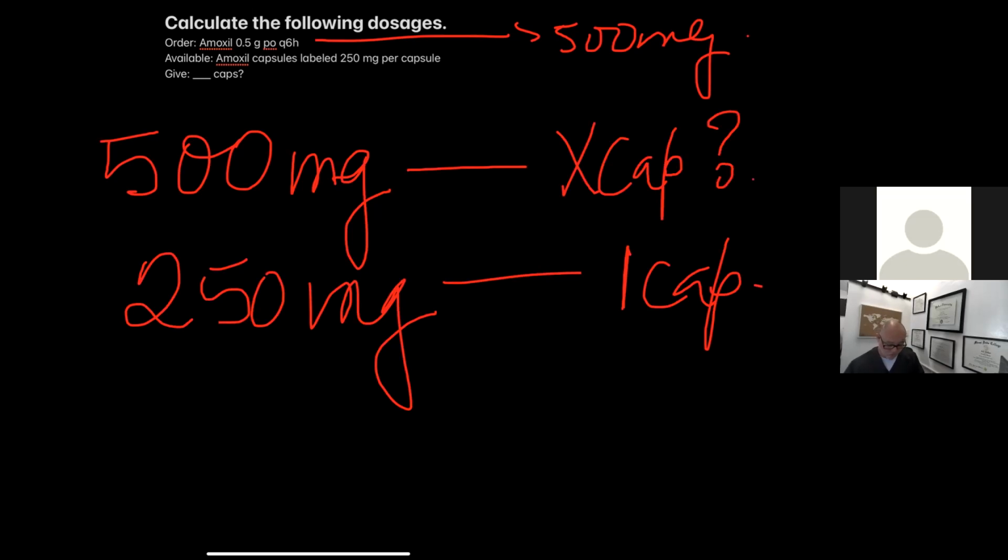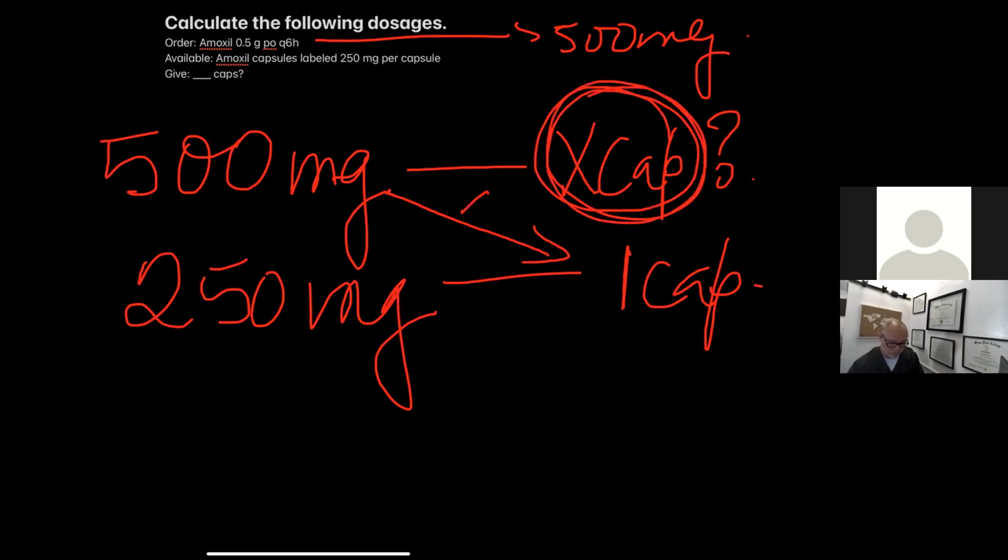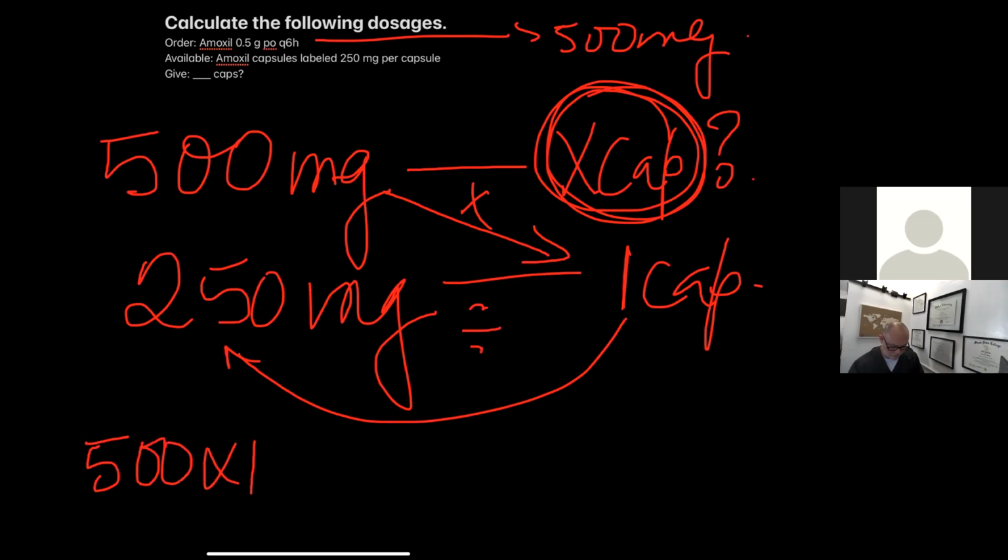In other words, we're going to do 500 times 1, always multiply over the empty corner, 500 times 1 divided by 250.